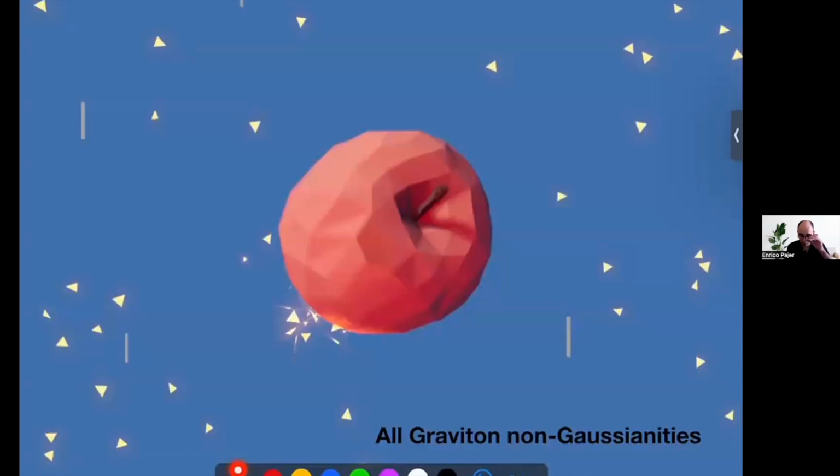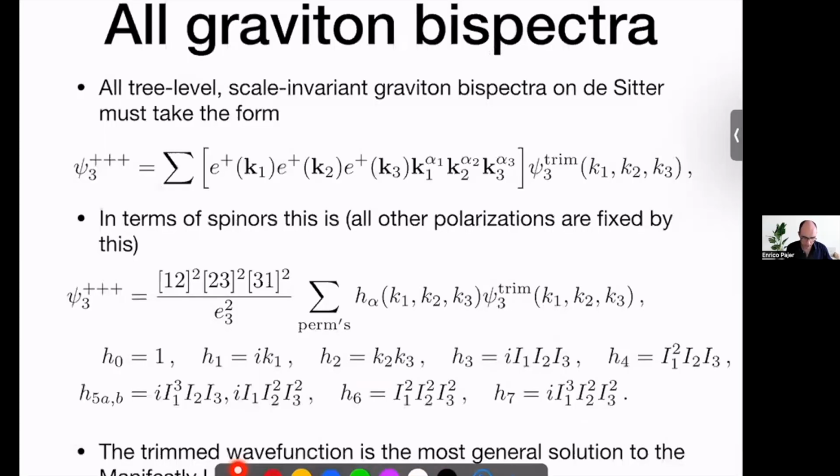That's quite remarkable. So let me show you the result. So let's say that you want to compute the 3-point function of a graviton with plus, plus, plus. It has 3 polarization tensors contracted with momenta, and then some function. This function is the one that satisfies the manifestly local test. And this one in front can be neatly written in terms of spinor-helicity variables, as I have done here.